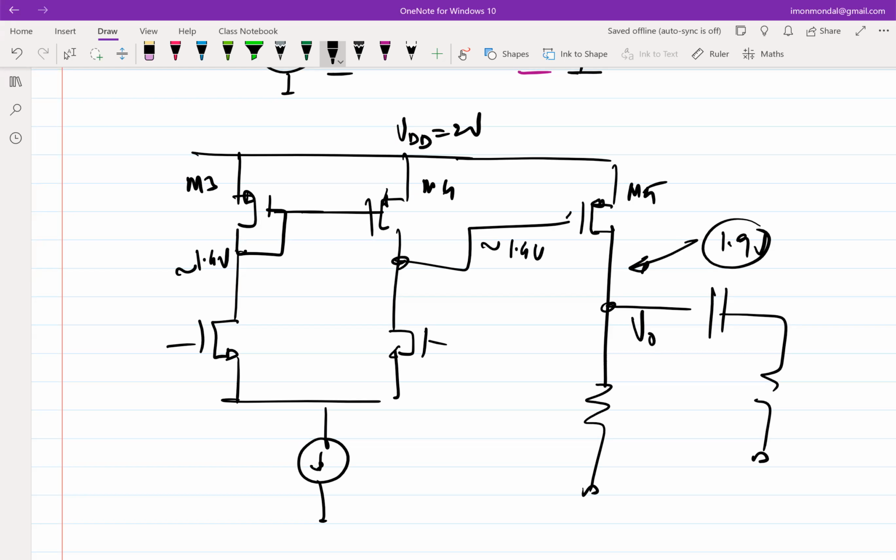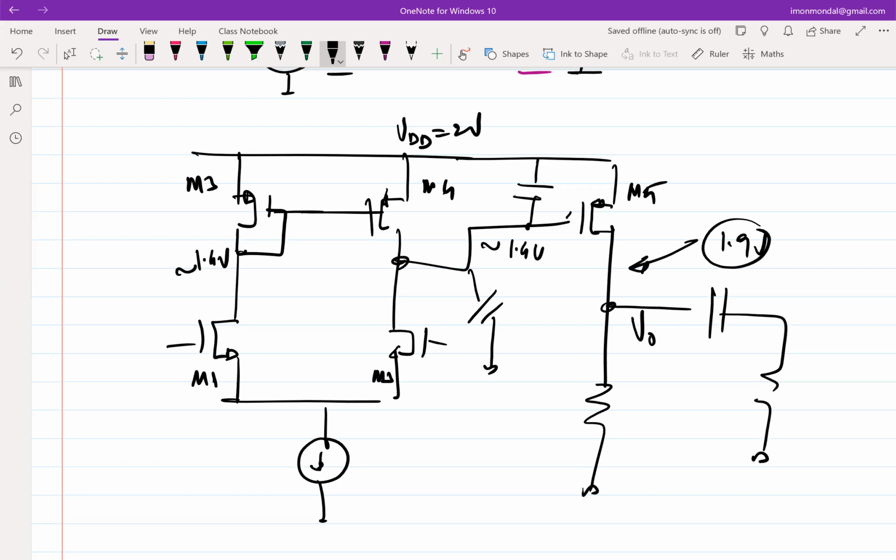Yeah, multiple poles, right? So you'll have obviously this guy has a pole because even if I neglect the drain capacitances of M1, M2, M3, M4, I'm seeing a CGS capacitance of M5, right?